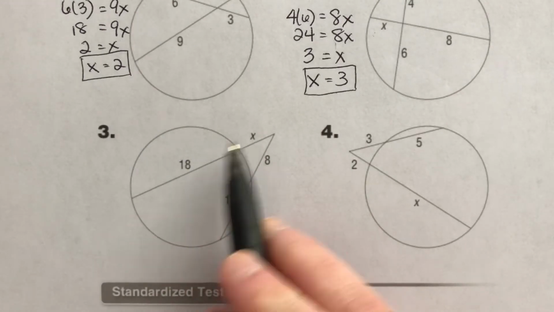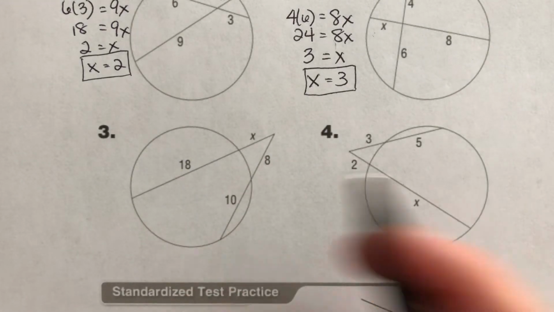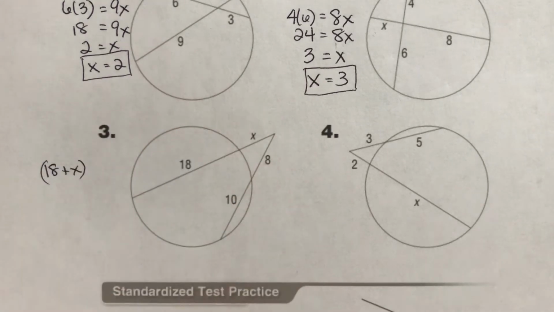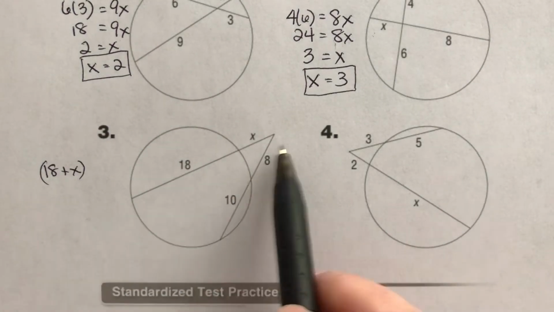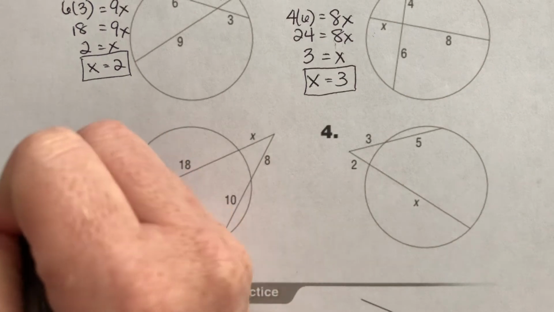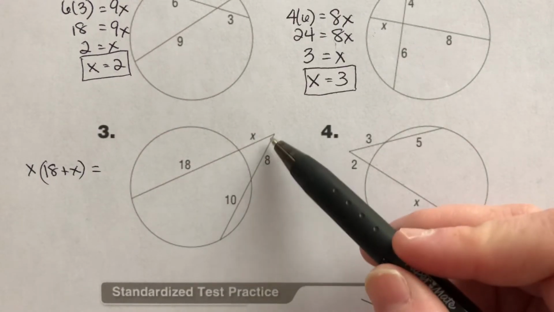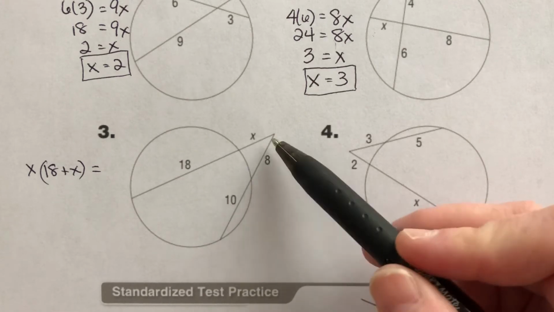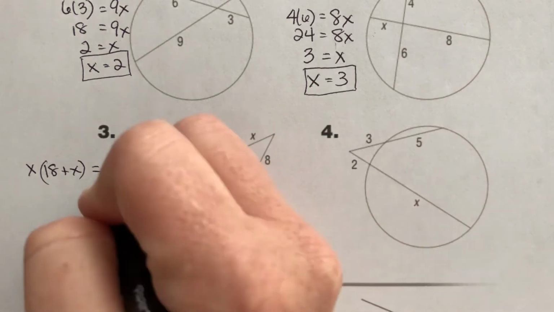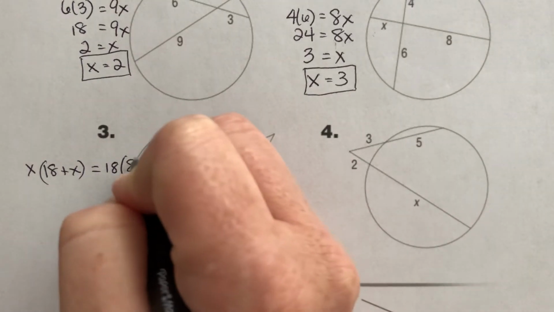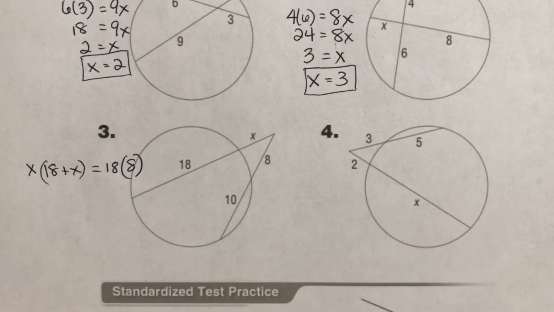When I add these together, the whole line is going to be 18 plus X. Can you see that far outside? Yeah, good. All right, 18 plus X times just the part outside, which is X. And then I'm going to set it equal to, same thing here, the entire line times just the part outside. 10 plus 8 is 18, times just the portion outside the circle, which is 8. And now I can just solve for X.